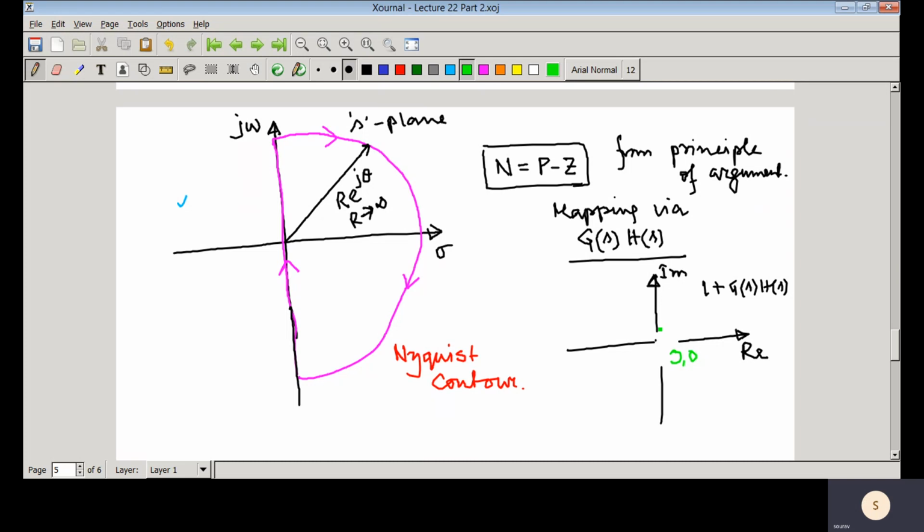But if we map via only g of s h of s, that means the mapping is only g of s h of s instead of 1 plus g of s h of s, then this particular axis will be shifted to the minus 1 point.